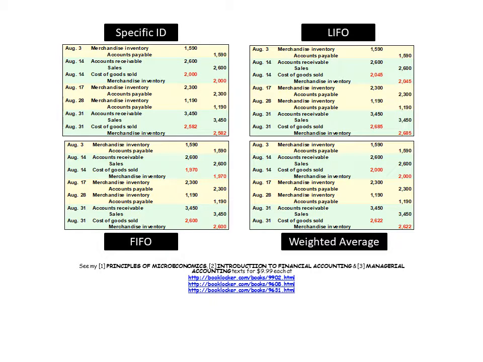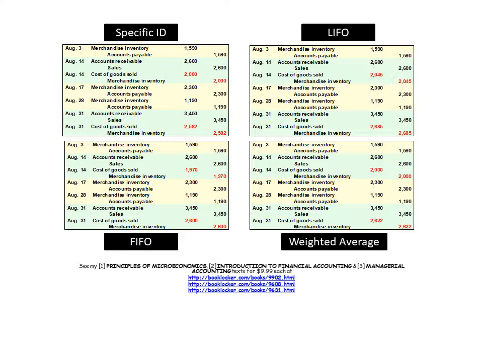Now, I wanted to capture the journal entries for these transactions on a single PowerPoint slide, and I've labeled them: specific identification, FIFO or first in, first out, LIFO or last in, first out, and the weighted average method. And the reason I did this is I want to show you what does change and what does not change, and I think it's going to make sense.